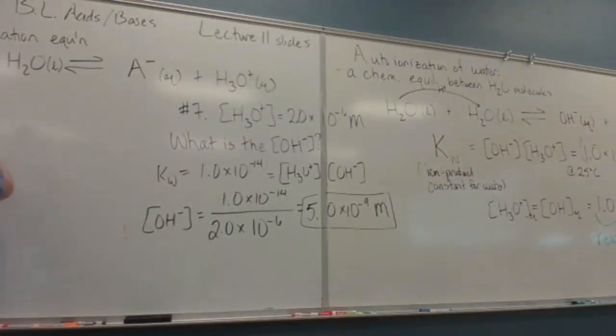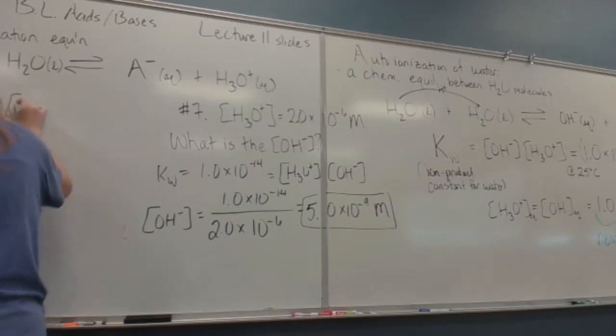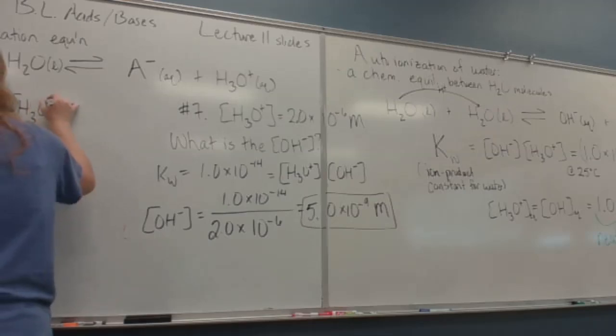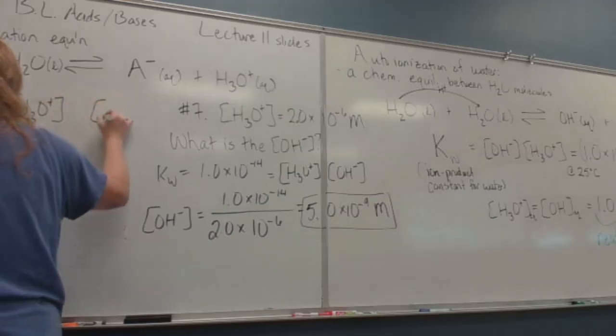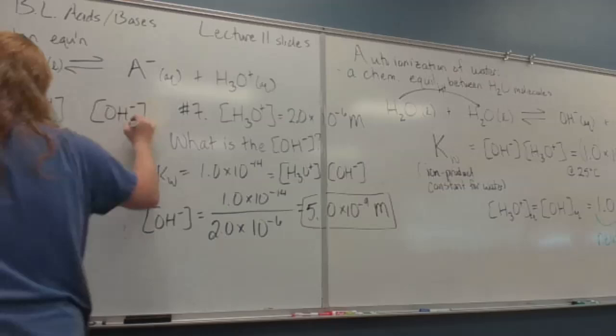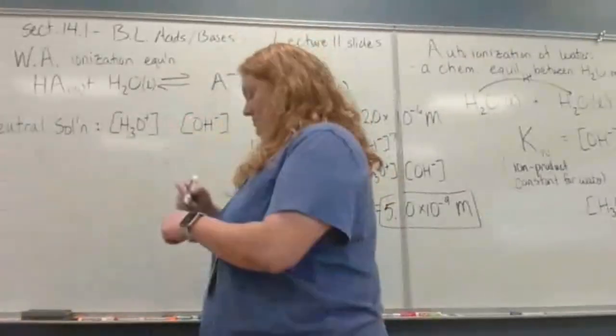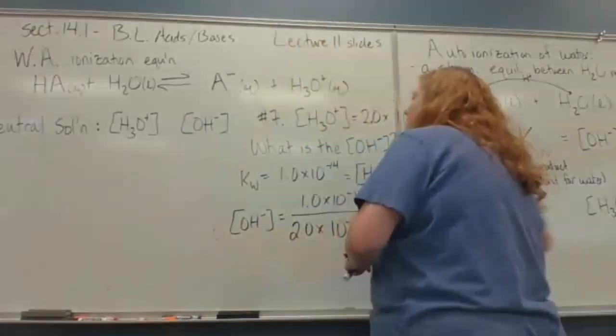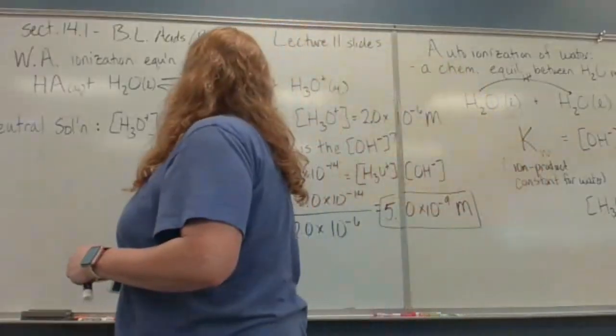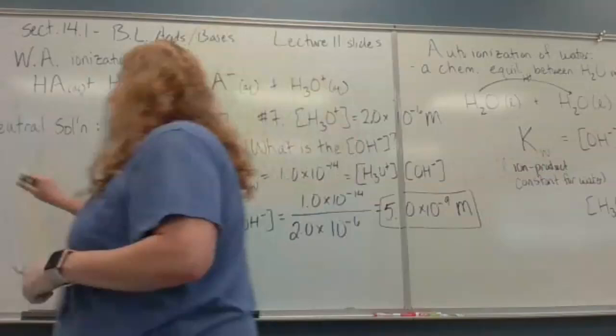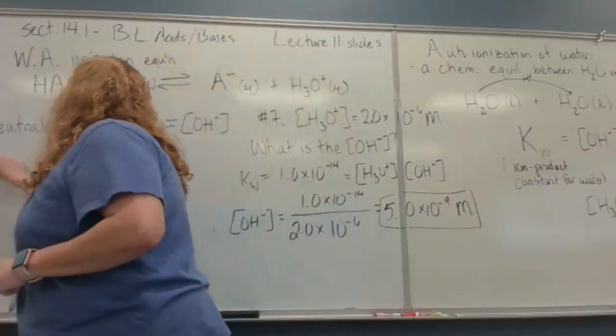when you have a neutral solution, what is true about the concentrations of these two ions that are always there? They're equal to each other. What is true if you have an acidic solution?